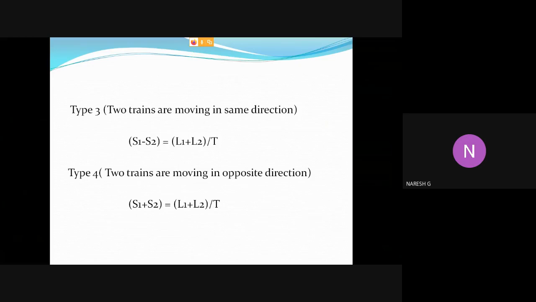Type 3: two trains are moving in the same direction.